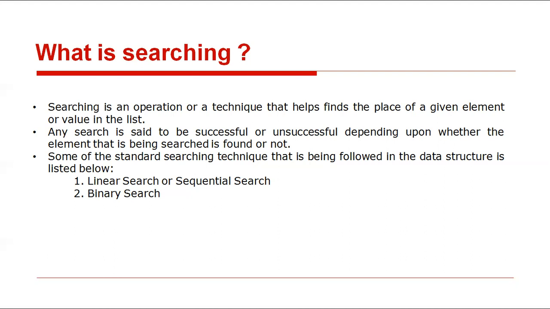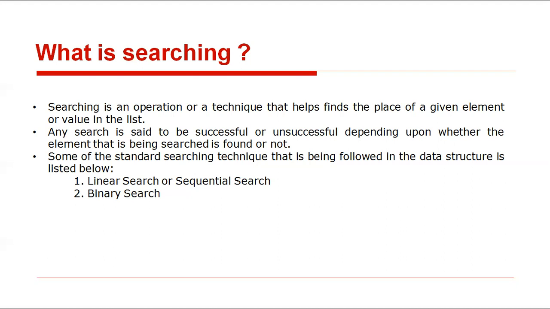First, I search from the first bench, first student. Is he equal to roll number 32? No. Then go to the next, first bench, second student, then third, fourth, fifth, sixth, seventh, eighth, up to 52 members.